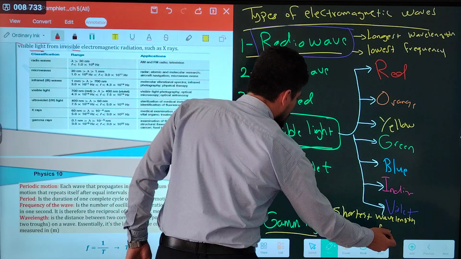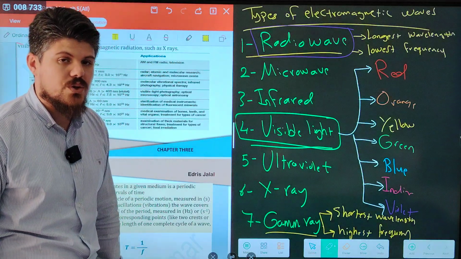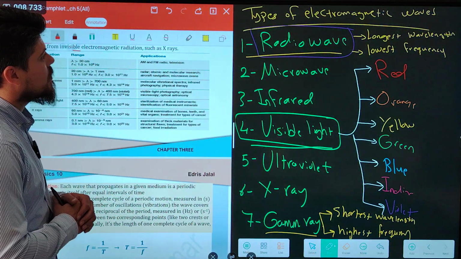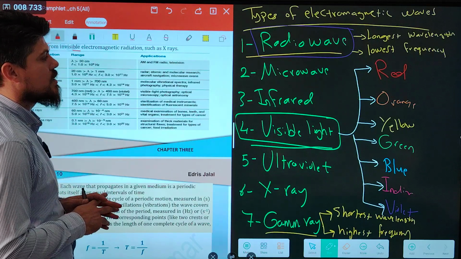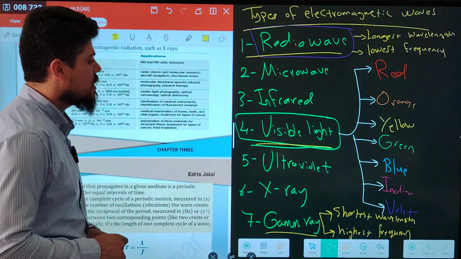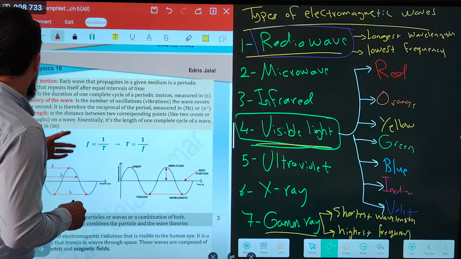Which type of electromagnetic spectrum has the highest frequency? Gamma ray. Okay, so this is about the electromagnetic waves and electromagnetic spectrum. We have 7 types of electromagnetic wave, and the visible light also can be resolved into 7 colors, which can be seen by the human eyes.